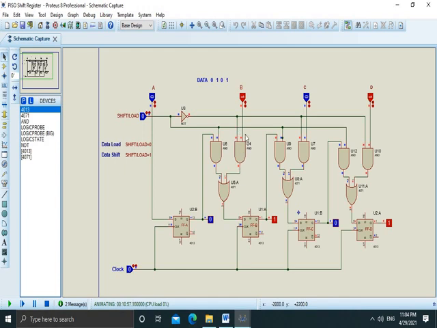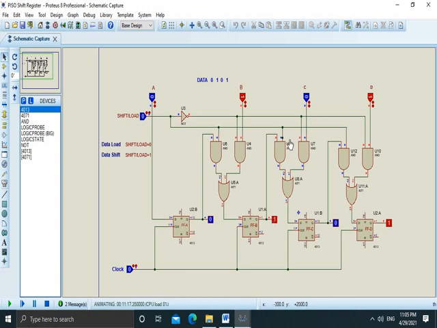AND gate is A dot B, 1.1 is 1. So 1, and this is 0, this is an OR gate. An OR gate does logical addition, 0 plus 1 is 1. So 1 is received at the input of the second D flip-flop. After receiving the clock, it is shifted to the output of the second D flip-flop.